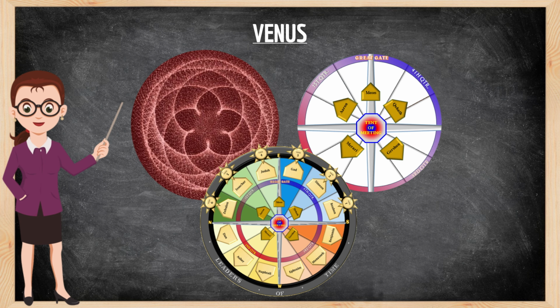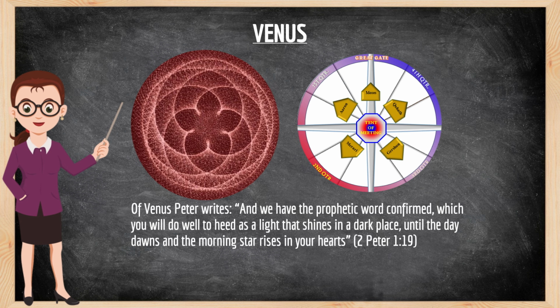Of Venus, Peter writes, "And we have the prophetic word confirmed, which you will do well to heed, as a light that shines in a dark place, until the day dawns and the morning star rises in your hearts." 2 Peter 1:19.